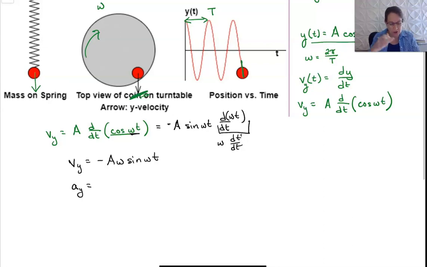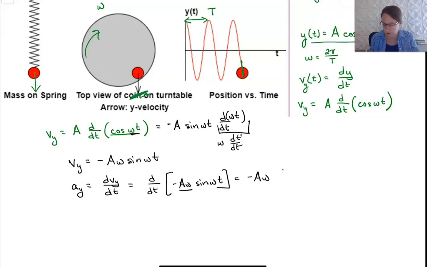This would be the acceleration of the mass on the spring, the derivative of velocity with respect to time, which becomes the derivative with respect to time of this whole thing, minus a omega sine omega t. The a and the omega are constant, so we can pull them out. I'll pull out the minus sign at the same time, d by dt of sine omega t. Same thing I do here.